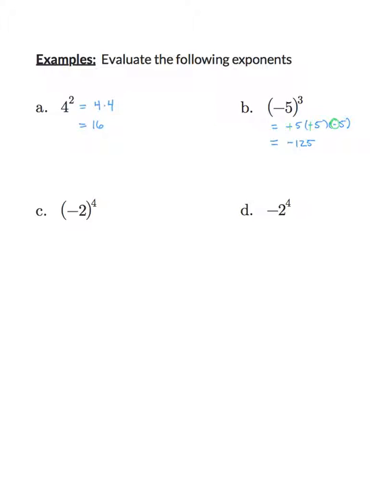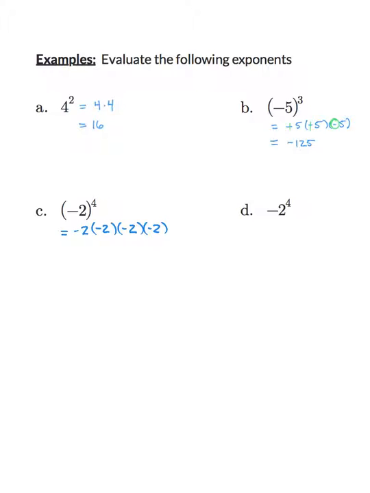Let's start with example C. We have -2 inside parentheses raised to the 4th power. In expanded form, this is equal to -2 times -2 times -2 times -2.